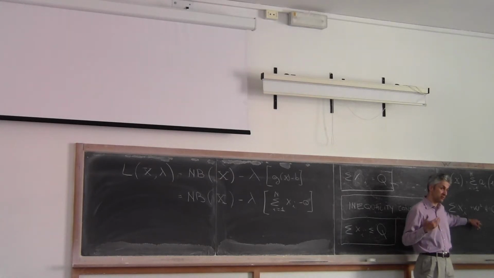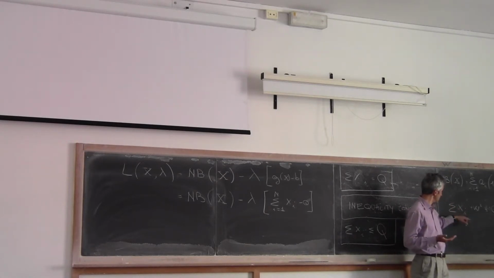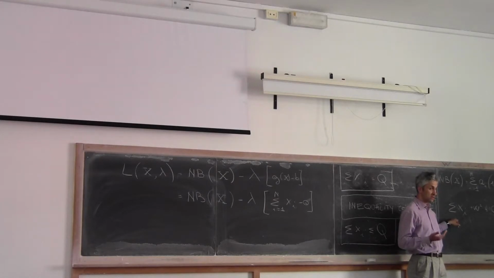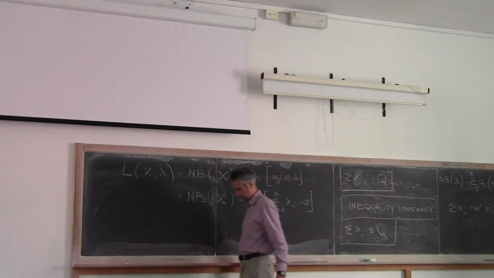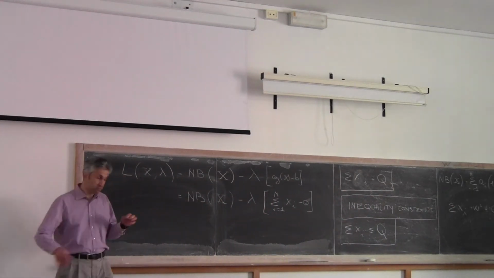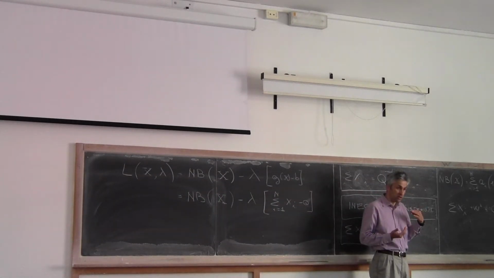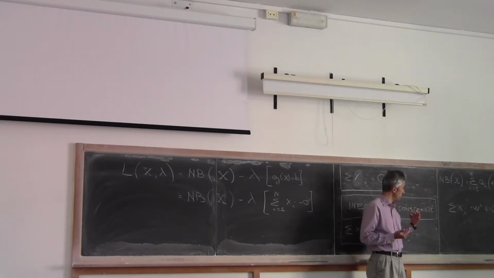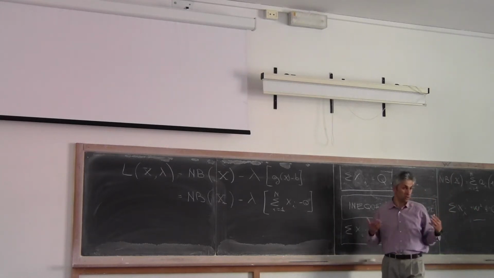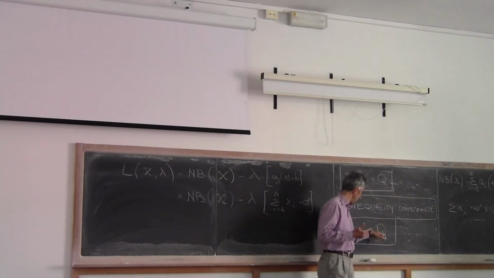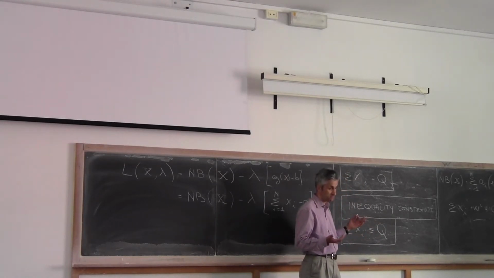If W is different from 0, then you get an inequality constraint because the total amount of the Xi is lower than Q. So in principle, we can transform an inequality constraint into an equality one. The only problem is that we introduced an additional variable W. This is not a constant, it's a variable, because in order to keep the original constraint, we have to allow W to vary.